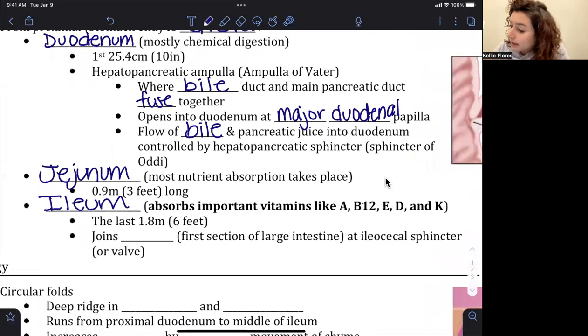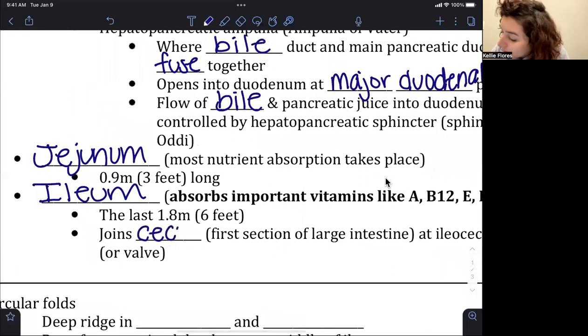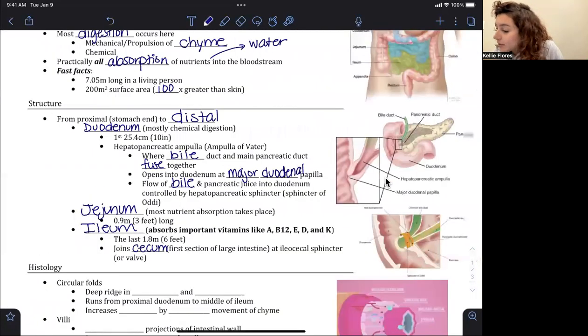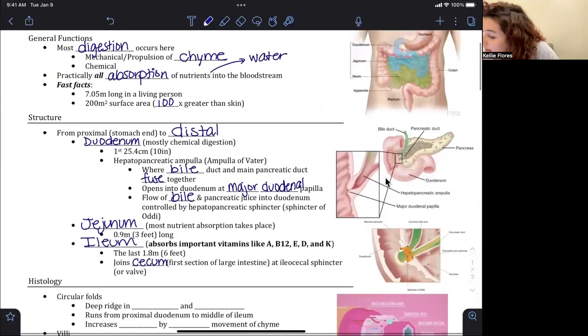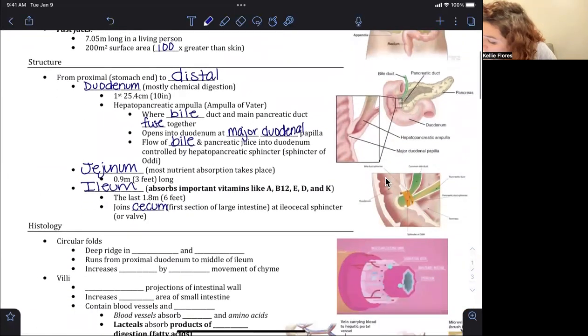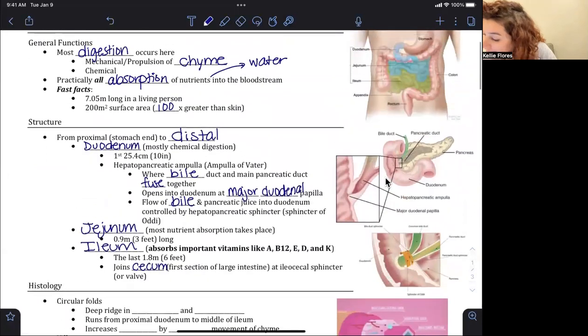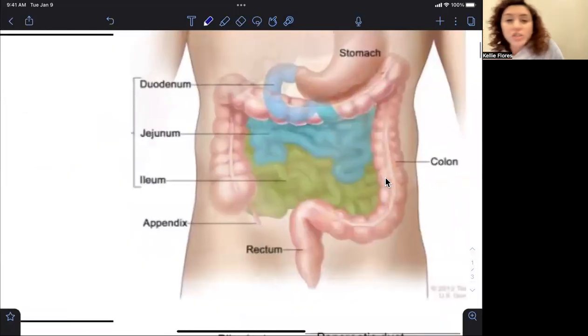So there is the part where it joins the cecum. That's that weird, strange bag-looking structure we saw on the pig. Okay. For us, the cecum is the first section of the large intestine area, and that has its own sphincter as well. I'm not sure if I have a picture of that here, but I will have it in the large intestine notes.